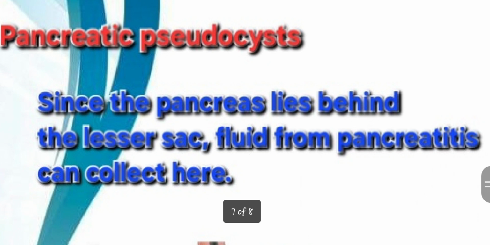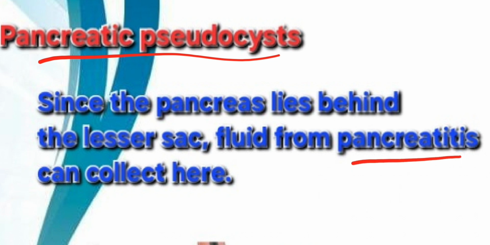Coming to the clinical significance, first is the pancreatic pseudocyst. During pancreatitis, some of the fluid may accumulate in the lesser sac, which is referred to as a pseudocyst. Normally a cyst is formed in the space related to that particular area, but here the cyst is formed in the lesser sac while the reason behind it is pancreatitis.